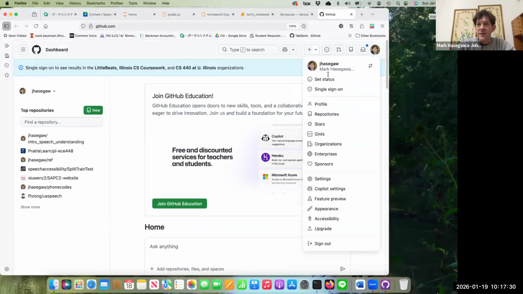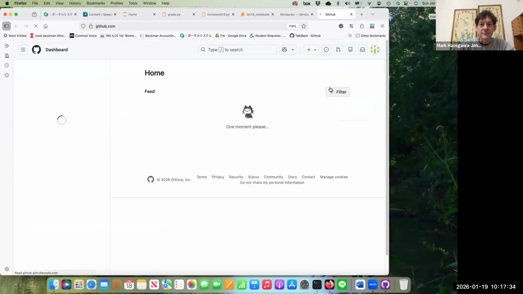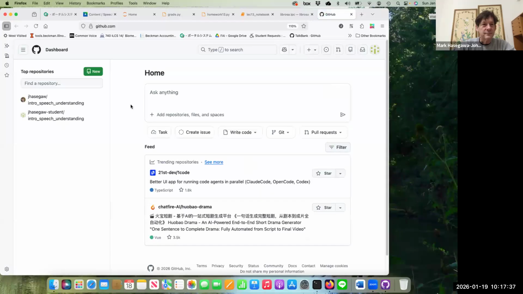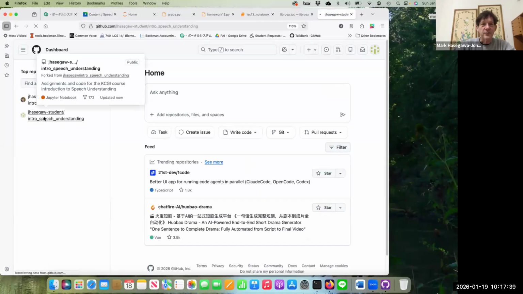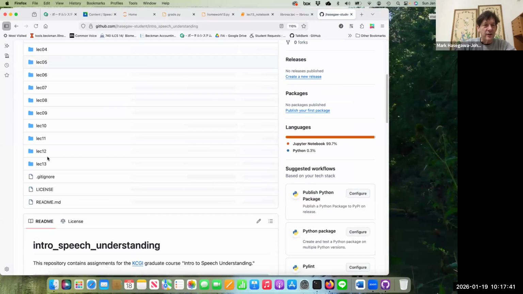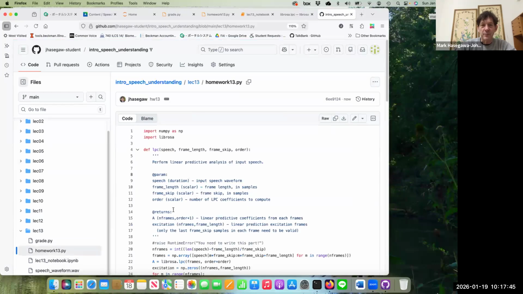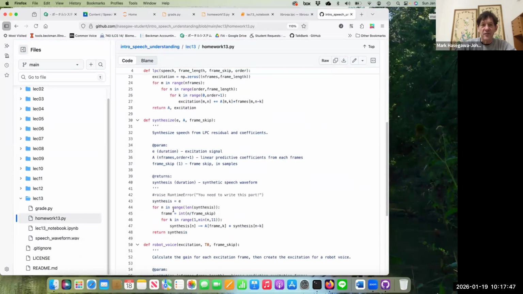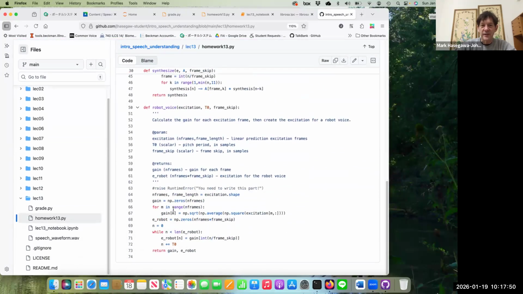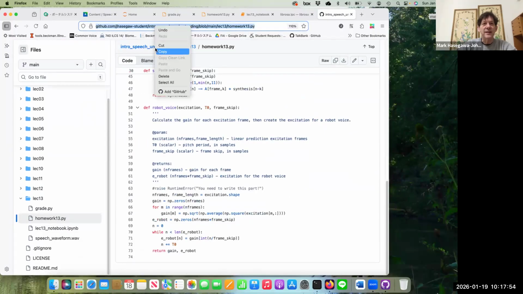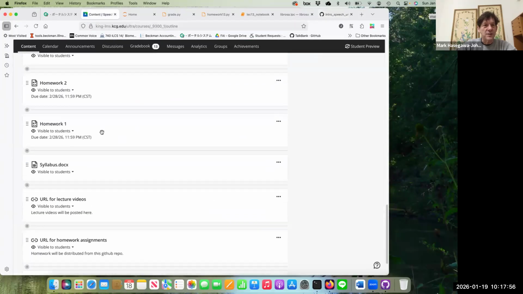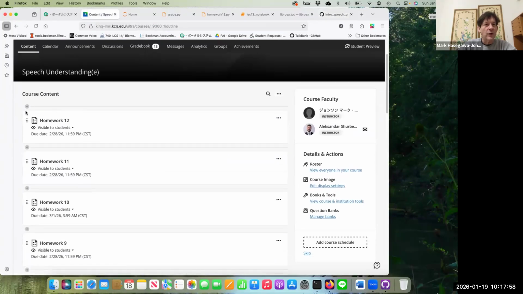And let me change from my teacher account to my student account. And then if we look into the intro speech understanding, look under lecture 13, look under homework 13.py. There we have the full code representing everything that worked well in the Jupyter Notebook. So go ahead and copy that and then go to the course, to homework 13, which is not yet created, and check it in there.